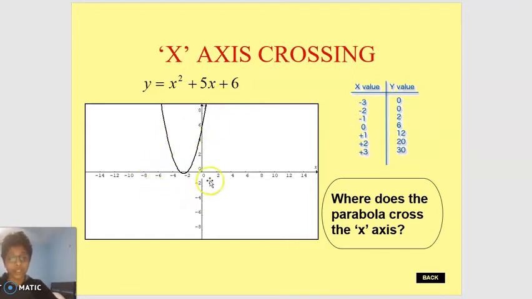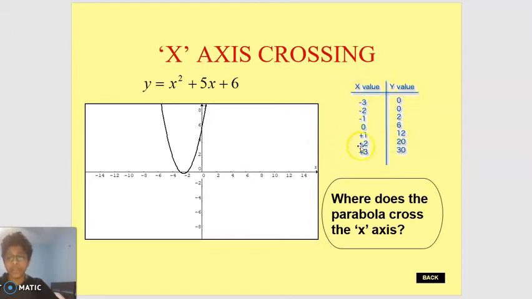Here we can take a look at the graph, and we see that the parabola crosses the x-axis between negative 2 and negative 4 inclusive. If we take a look at the table of values, we have the x values and y values. If we want to see where the parabola crosses the x-axis, that means the y value is 0.